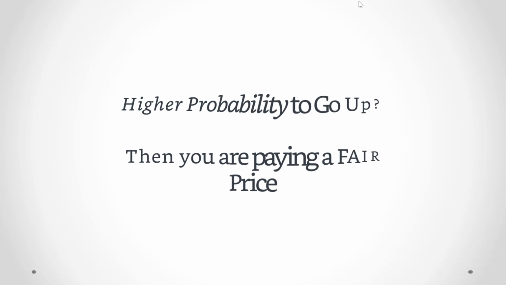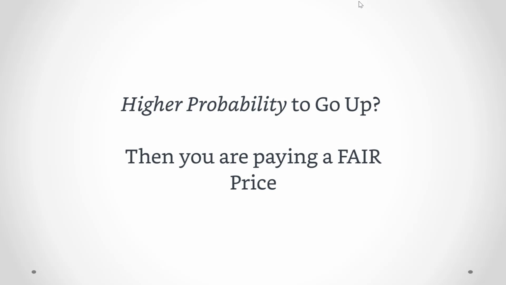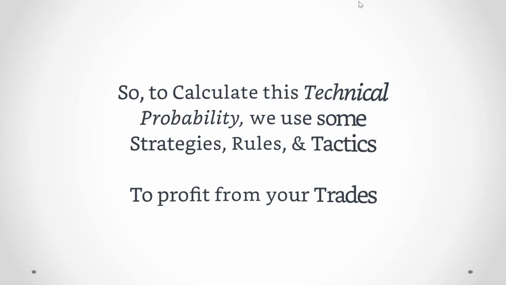When your stock has a higher probability to go up in the coming days, then you're only paying a fair price for it now, so that you can make profits later on by selling it at a higher price. Now, to do this efficiently with minimized risk, you have to understand the technical probability of a stock moving in a favorable direction.